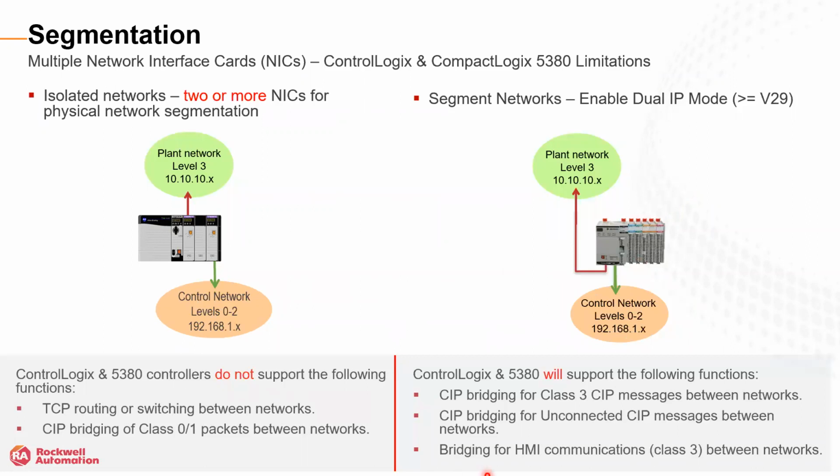And in this case, specifically, we're going to be looking at the CompactLogix here. The new 5380 CompactLogix, which separates itself from the 1769, we only have two Ethernet ports built into it. There is not an additional Ethernet card that fits in the 5380 chassis at this time.